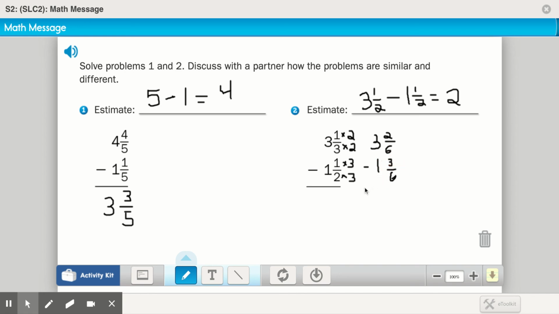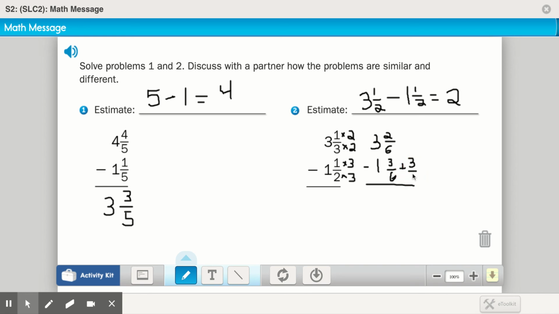We have common denominators now, but do you see another problem? Can I do 2 minus 3? I cannot. So remember, we are going to look at this bottom fraction here and say, how can I make this a whole? How many more do I need to add to make this a whole, so this goes to 2? So 6/6 is a whole, and I have 3/6 here, so I just need to add 3/6.